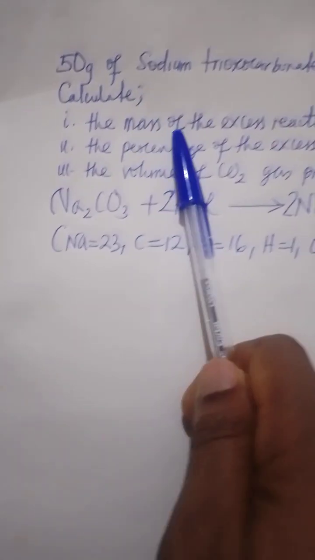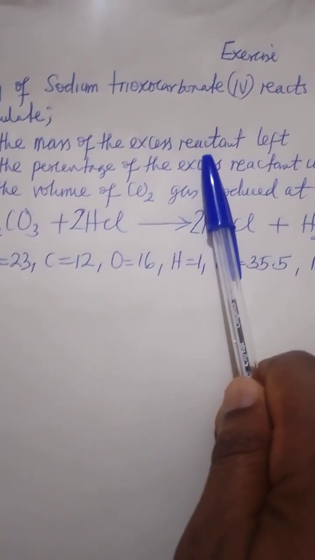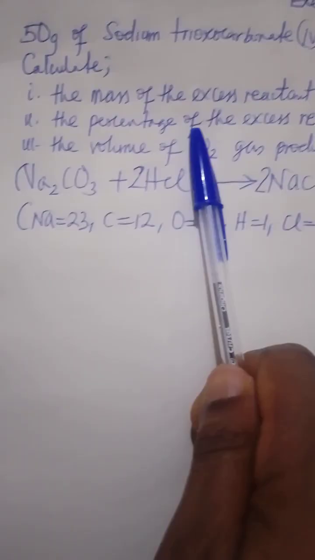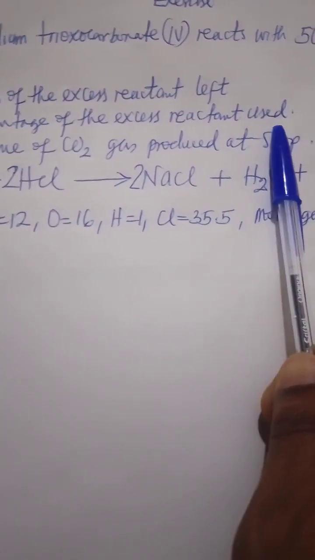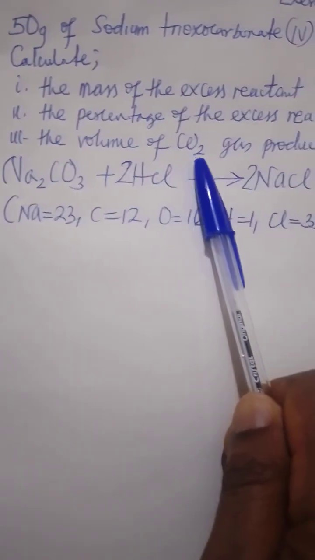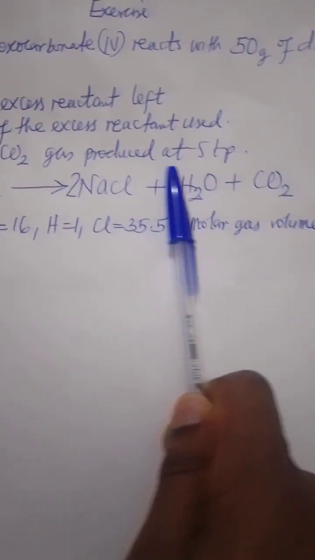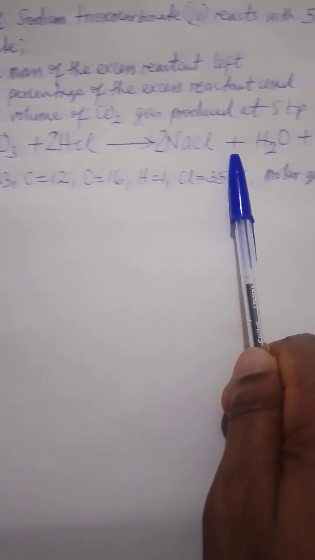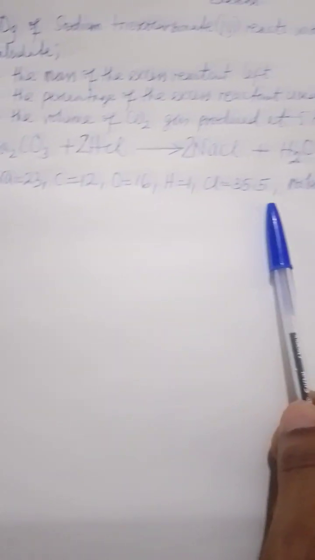Calculate, number 1, the mass of the excess reactant left. Number 2, the percentage of the excess reactant used. Number 3, the volume of CO2 gas produced at STP. You're given the equation of reaction, and then you are given the atomic masses.